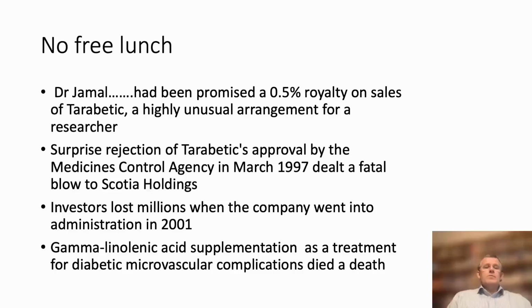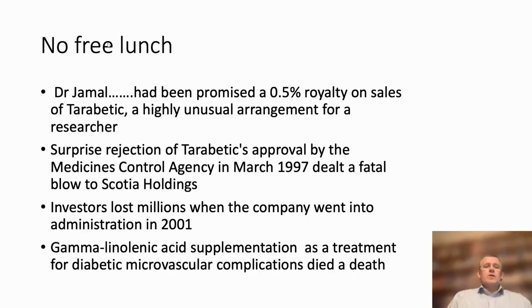His preliminary study had been so apparently successful that it had convinced the drugs developer Scotia Holdings that it had a significant commercial future, and at the time Scotia Holdings was one of Britain's most promising biotechnology companies.